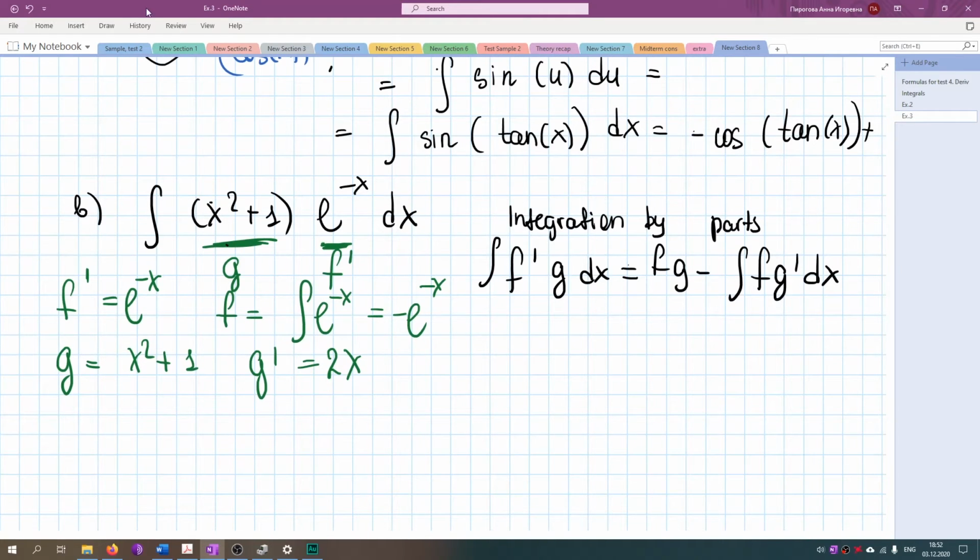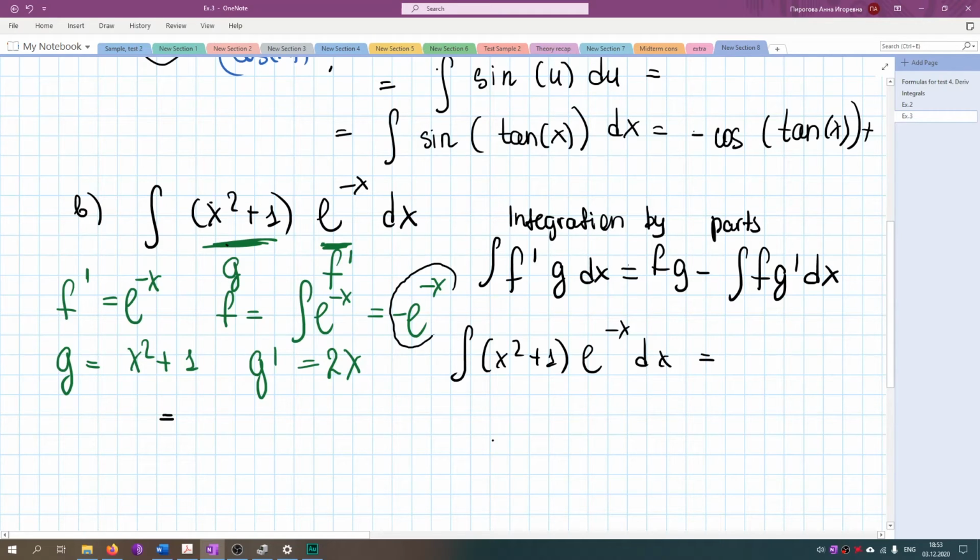And now let's write our integral. So our integral was this one, and now we will need to take f function multiplied by g function, and our f function is here.